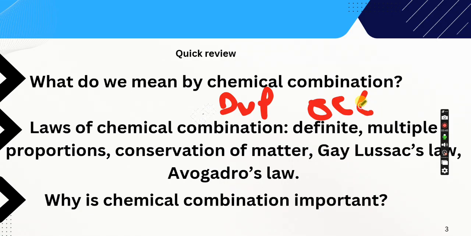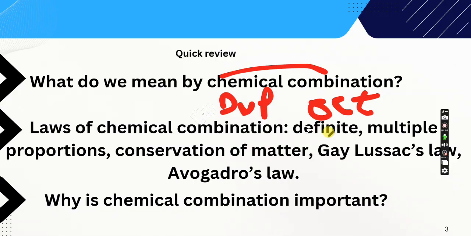This is the stable state they always run after. So the reason why they undergo chemical combination is to achieve one of these two, so that they can have a stable electronic configuration. So we have a number of laws of chemical combination.